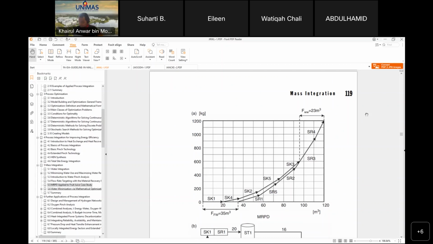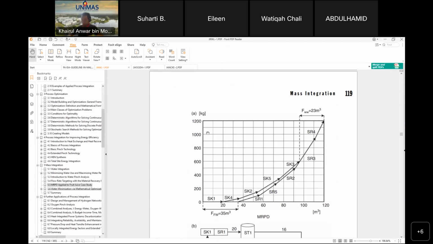So for this mass pinch, it's based on flow rate and kilogram. But they didn't provide the data.